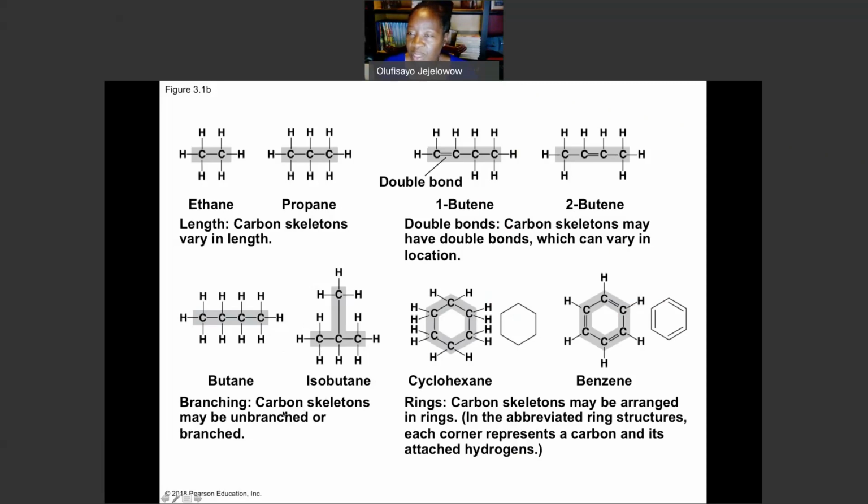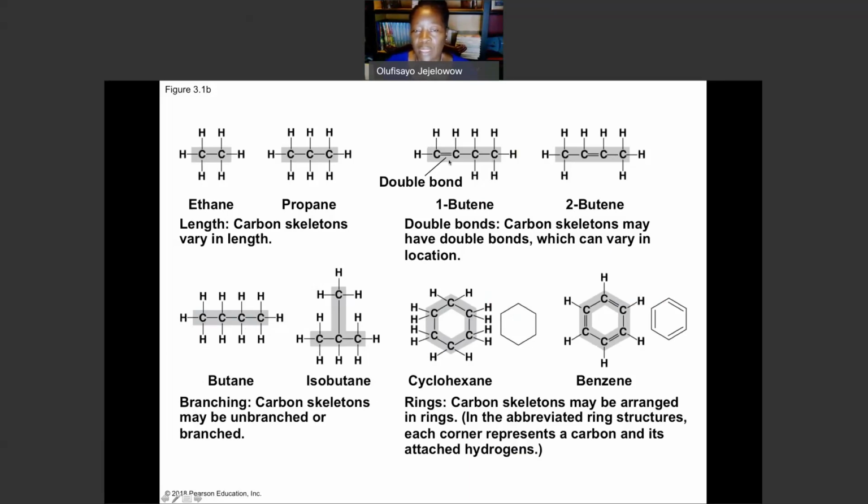The prefix iso lets you know that it is butane, the same molecular formula, but it's an isomer. So isomers branch. Carbon skeletons may be branched or unbranched. The isobutane is branched. This is normal butane.